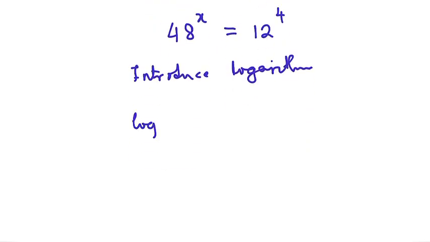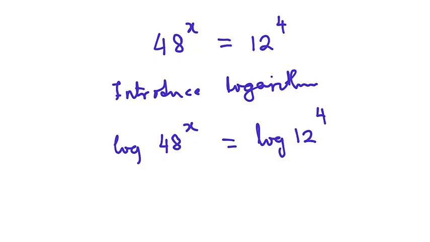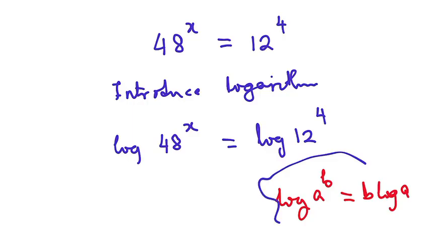We're going to have logarithm of 48 to the power of x equals logarithm of 12 to the power of 4. And you know, whenever you have something like log a to the power of b, this is going to be b log a. So you keep this, and we are going to apply that here.